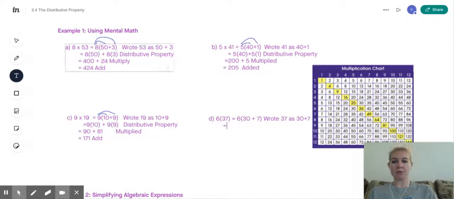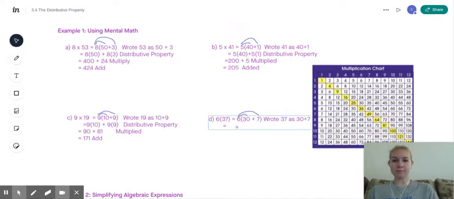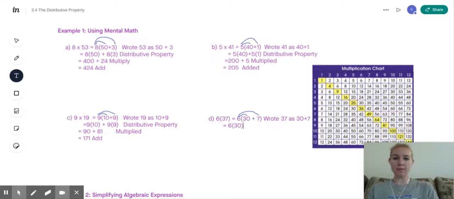Okay, and then we're going to distribute the 6. We're going to distribute the 6 to the 30 and the 6 to the 7. So my expression will now read 6 parentheses 30. That means multiplying, plus we're adding within the parentheses, and then 6 parentheses 7, 6 times 7. And again, that was the distributive property. And then we can multiply.